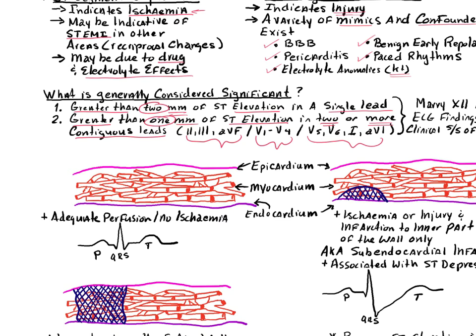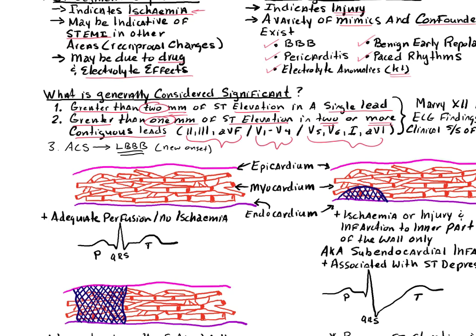Are you guys okay with the two major criteria there? And I'm going to put one more in. If you have signs and symptoms of an acute coronary syndrome, and your patient has a left bundle branch block, even though we haven't talked about those yet, I want you to throw that in the back of your mind, and you think that that bundle branch block is a new onset.